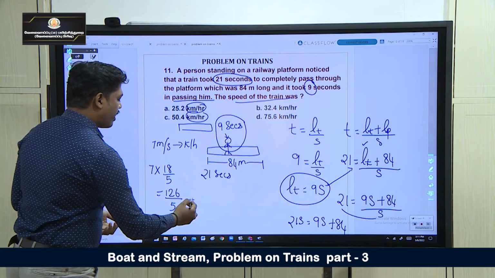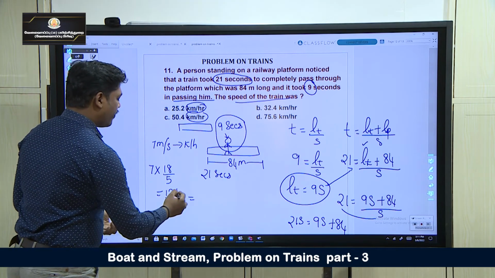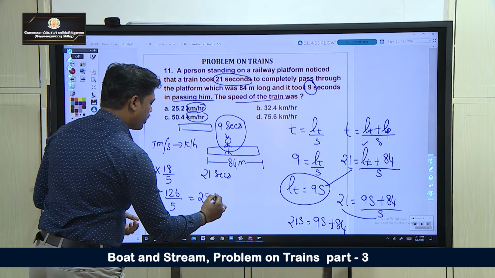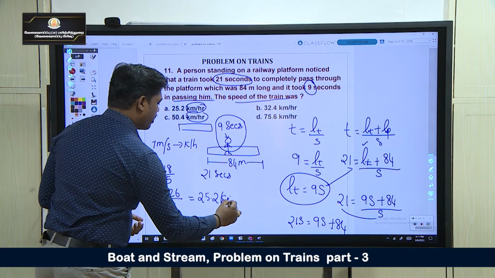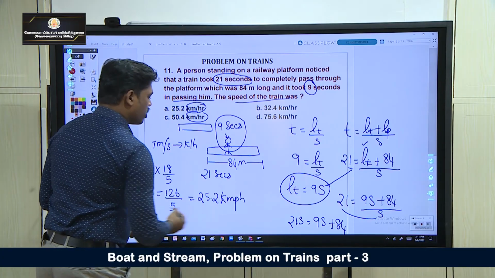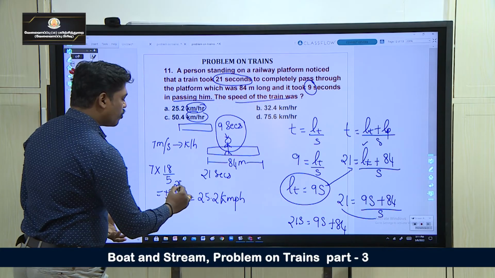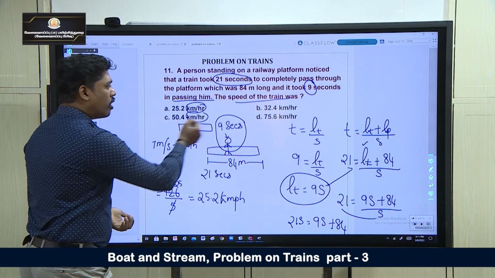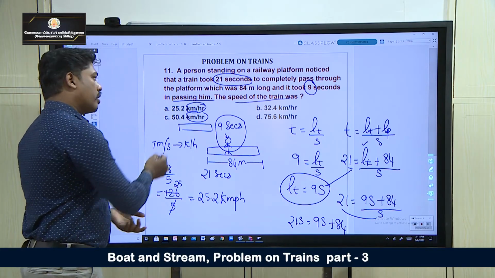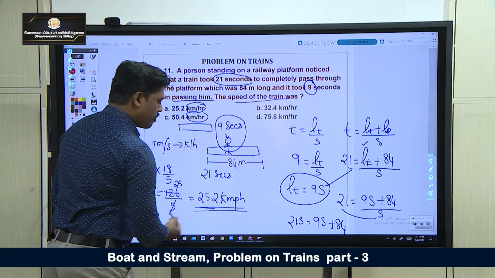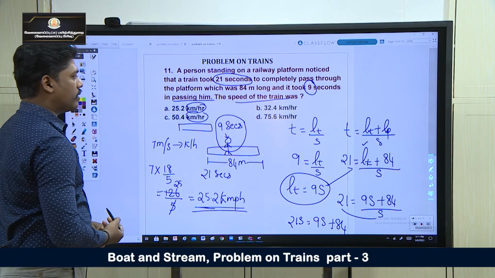When you divide, 5 ones are 5, 5 twenty-fives are 125, and you get 25.2 kilometers per hour. So check the options which are near 25.2. Your answer is 25.2 kilometers per hour.